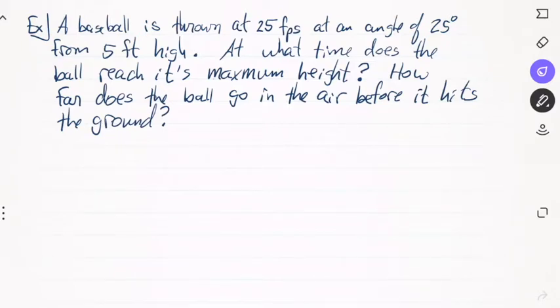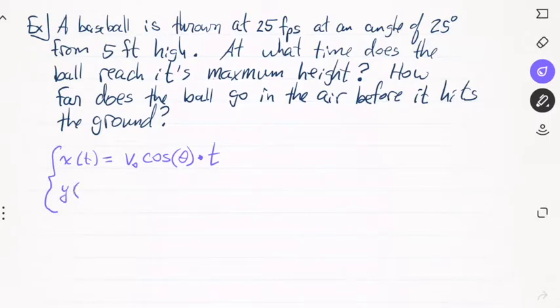All right, so the formula for this thing, we can write it as kind of like a piecewise function in a way. So the x of t formula is v sub 0 cosine of theta times the time in seconds.